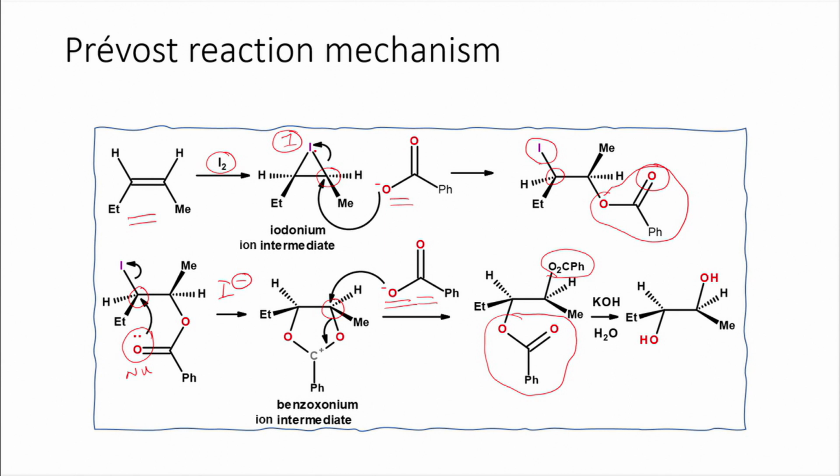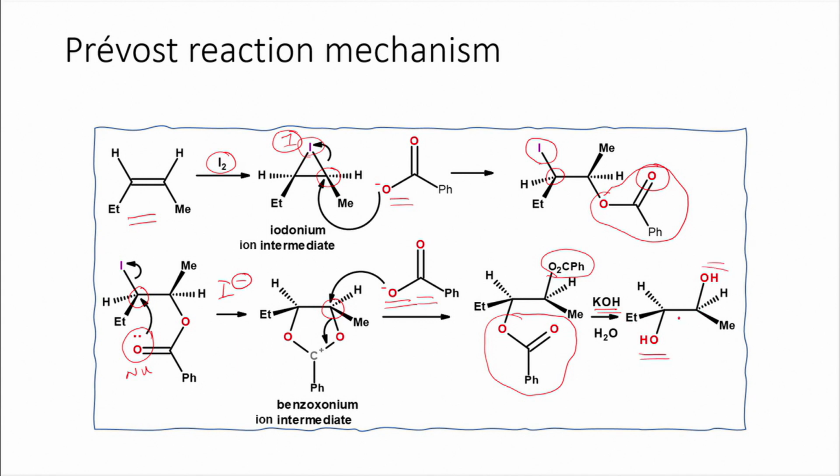So, in the first step, the addition takes place opposite to the iodinium ion side. Okay. So, this is the first trans addition, and when the cyclic intermediate is formed, the second carboxylate ion attacks from the opposite side, from the trans side. So, we have the carboxylate anion attached from both the opposite sides of this compound, and the hydrolysis using a strong base hydrolyzes the corresponding carboxylate, and we end up with the corresponding diol derivative.